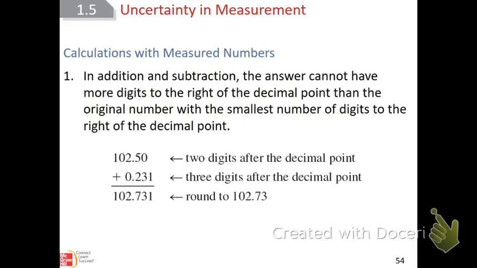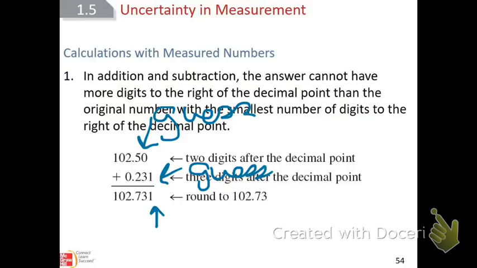And in this bottom number down here, the 0.231, that 1 is already a guess. So when you add these two numbers together, you have this as your guess or your inexact number, and this one also is a guess. When you add these two together, this is a guess right here. This 0 and this 3, when you put those two together, that is also a guess.